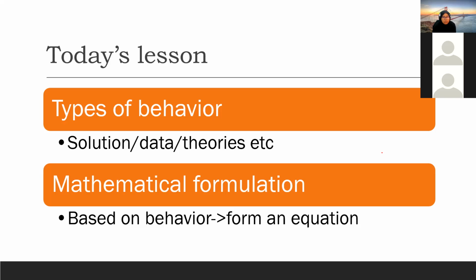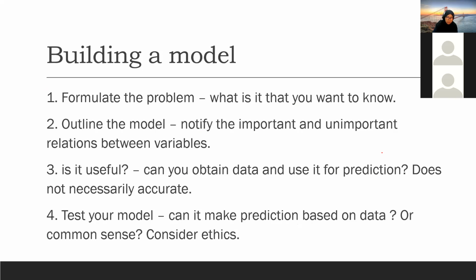And then we use that solution or we use that behavior to form an equation. So this is the mathematical formulation. So based on data, based on theory, then we formulate a mathematical formulation. And we form the equation.